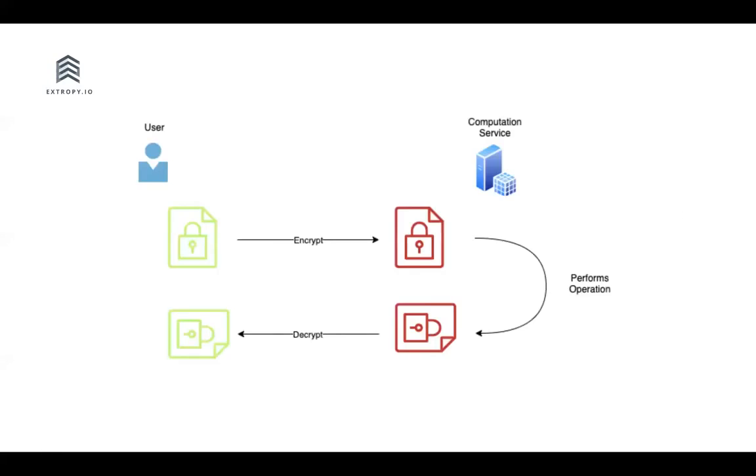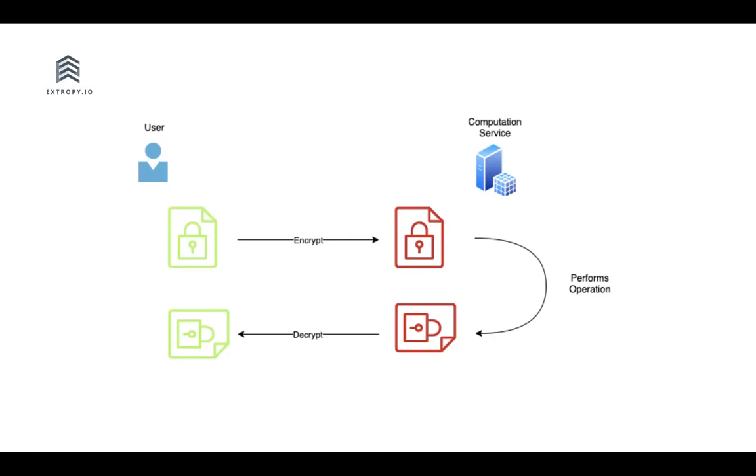But the idea behind it, and it is quite an intriguing idea if it can happen, is that a user will have some data that is in plain text, and they want to perform some computation on this data, but perhaps they don't have the computational power to do this themselves. They want to give this to a service that will do the computation for them, but they don't want this service to be able to understand their data. They want to keep their data private.